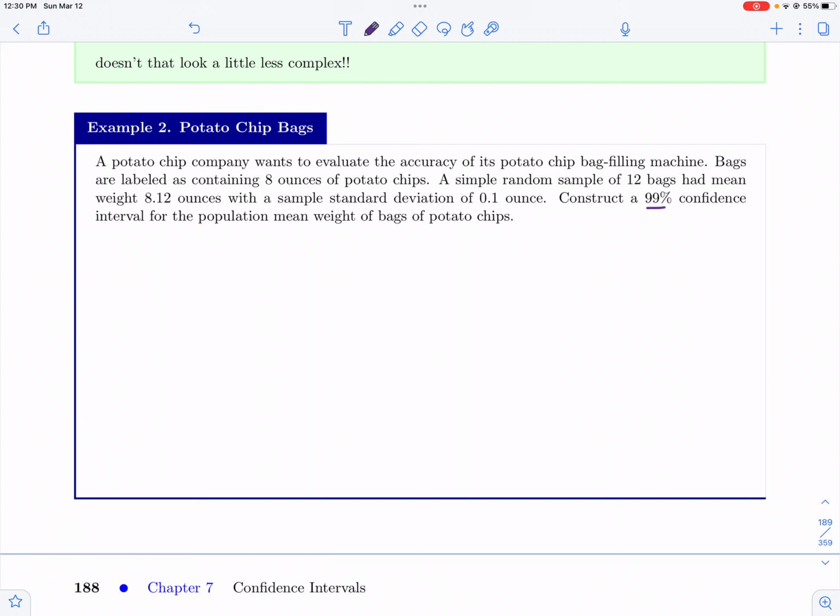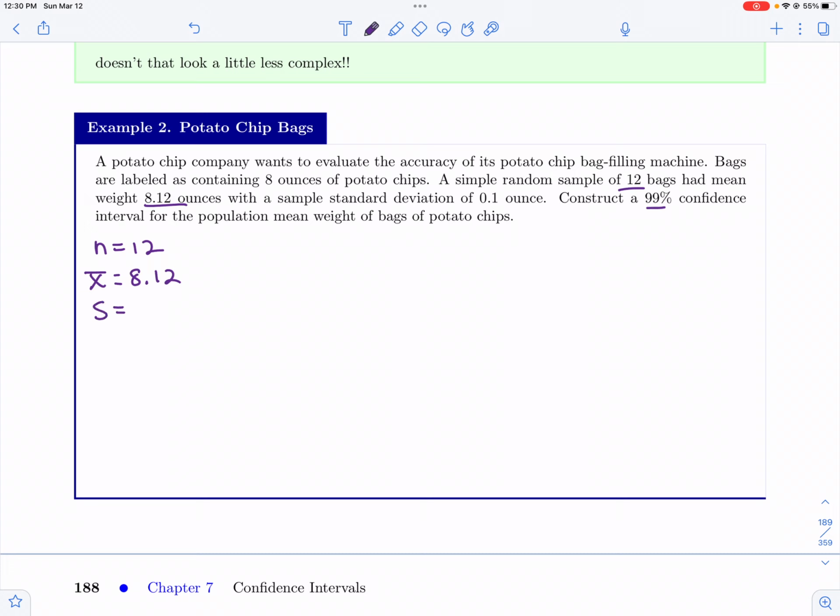All right, so again, let's write down everything that we know. Our sample size was 12, so n is 12. Our sample mean is 8.12 ounces, so x bar is 8.12.